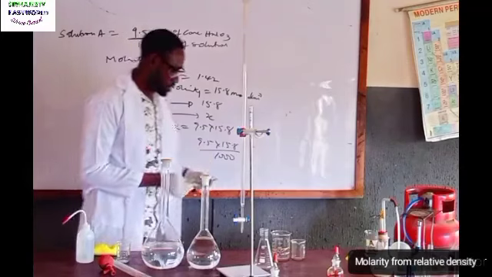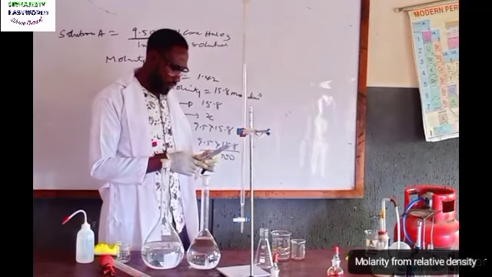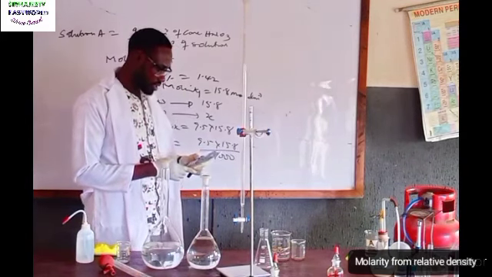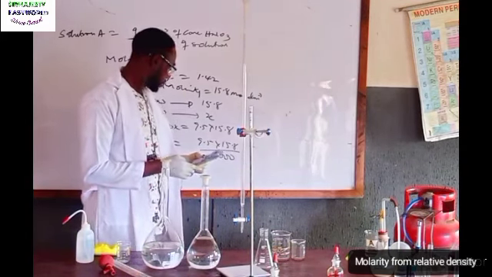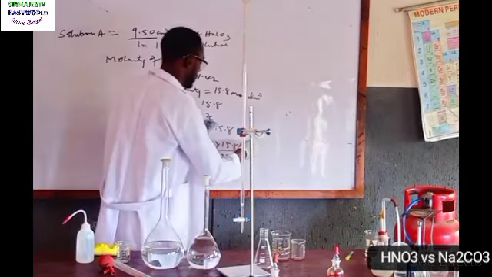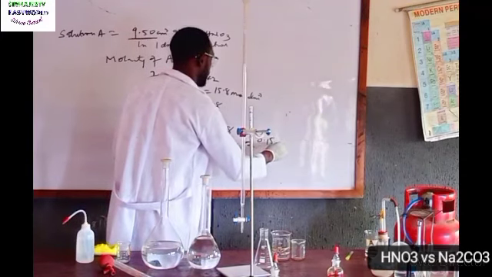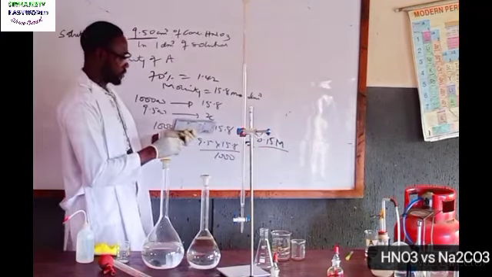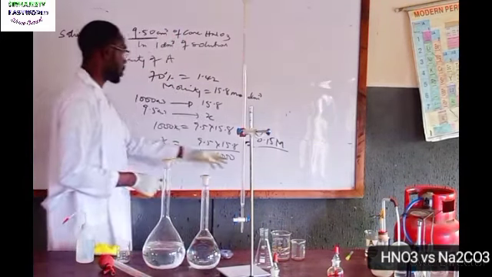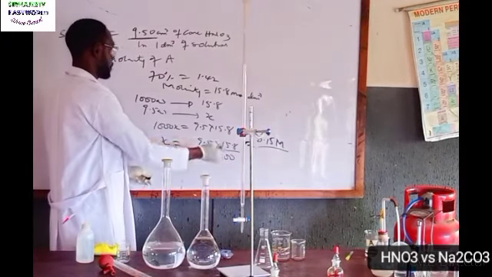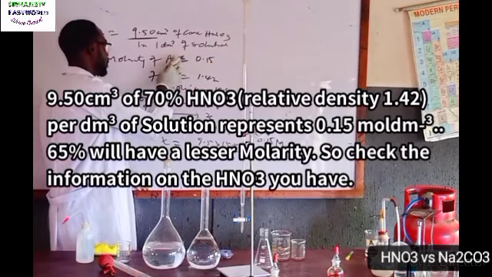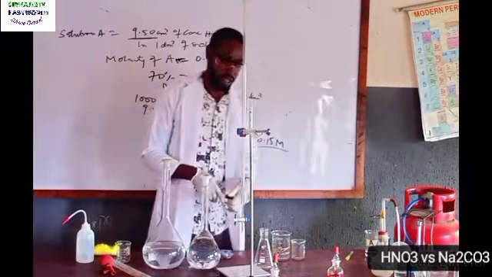By this, the evaluation is 9.5 times 15.8 divided by 1000, which will give you 0.1501, approximately 0.15. 0.15 is the molarity of solution A. So the molarity of A from my calculation is equal to 0.15 mole per dm cube. So that is the CA in this case.